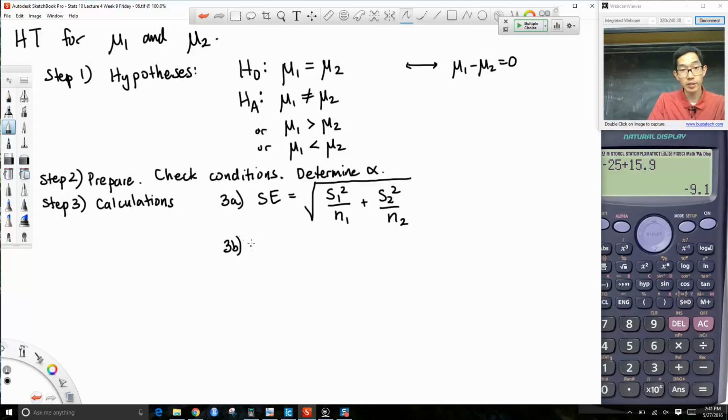And you get your test statistic t, which is always the reality versus the expectation. So what we observe is the difference between x bar 1 and x bar 2. The expectation is that we would get a difference of 0. But subtracting off 0 basically does nothing. So I'm just going to have x bar 1 minus x bar 2 divided by our standard error.